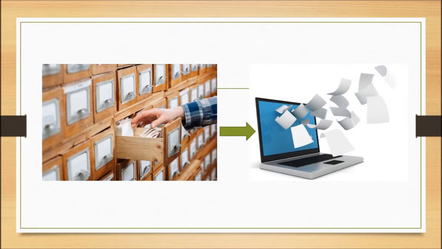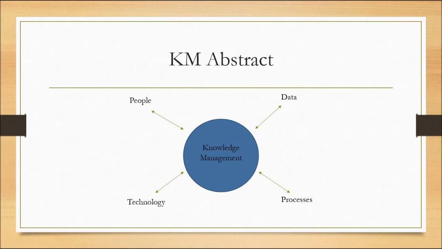Since this information is now stored online, it is easier to account for what was lost. Besides, having information online means that people can access it more easily, or they can access it off-site. However, just because the information is online does not mean it is accessible. This is where KM comes into play.